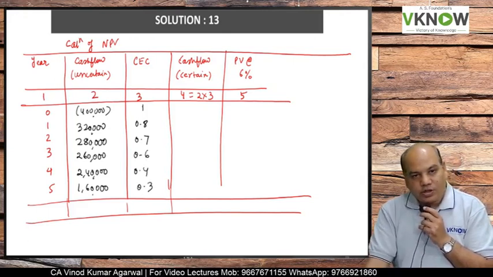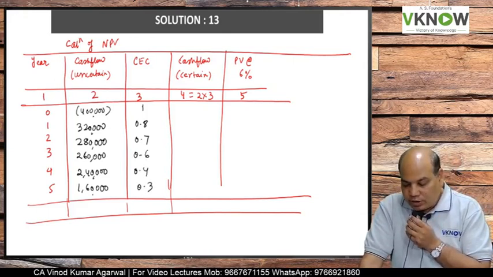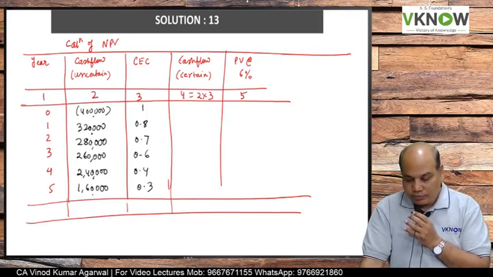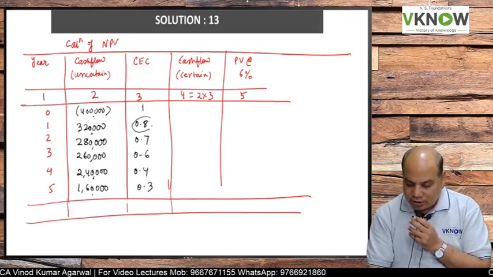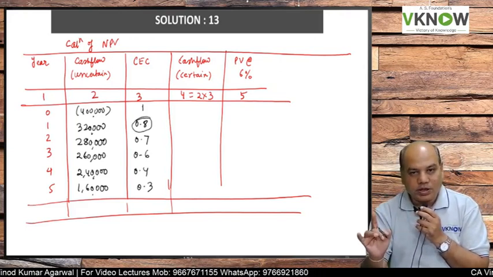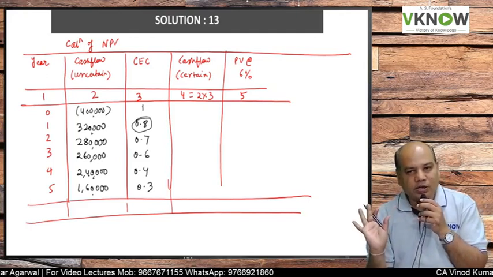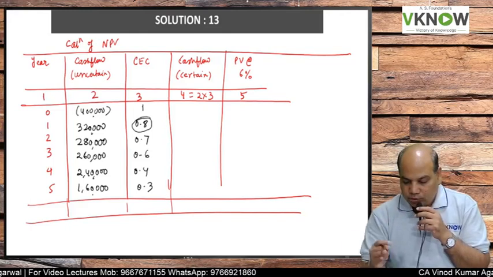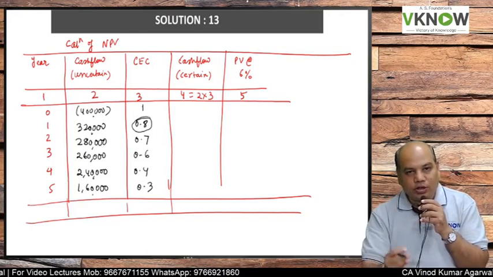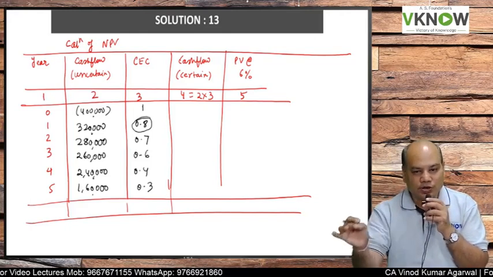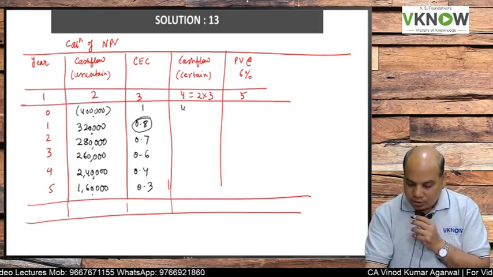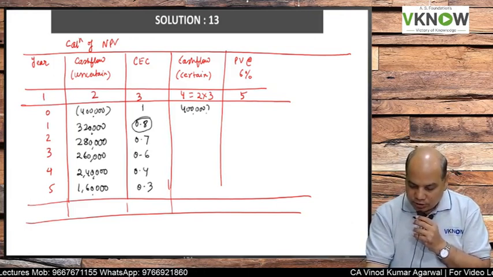These 3 columns are given. Certainty equivalent of 0.8 indicates that if 1 rupee is an uncertain cash flow, I am willing to accept 80 paise as certain cash flow. So we will multiply and convert into its equivalent certain cash flow. That is the meaning of certainty equivalent.